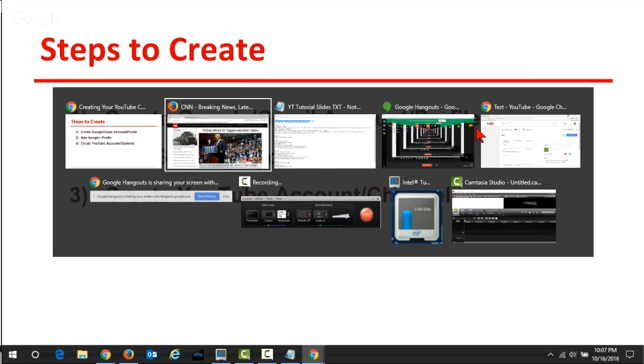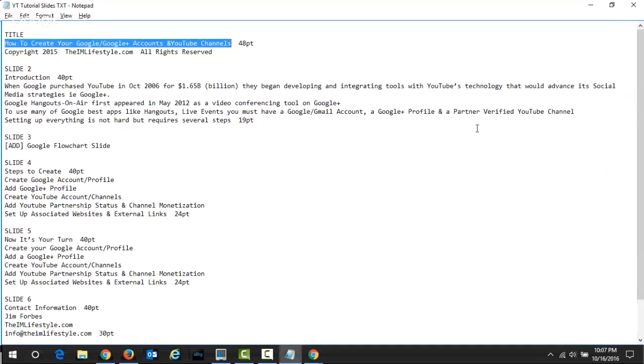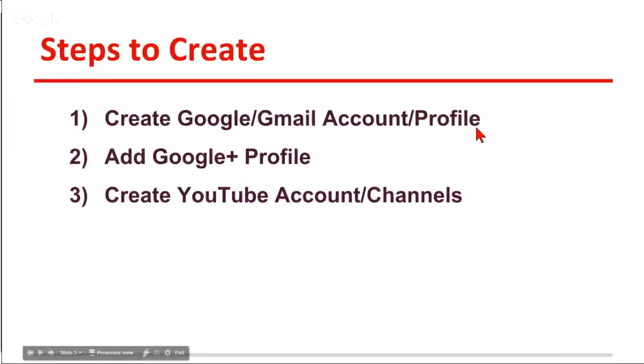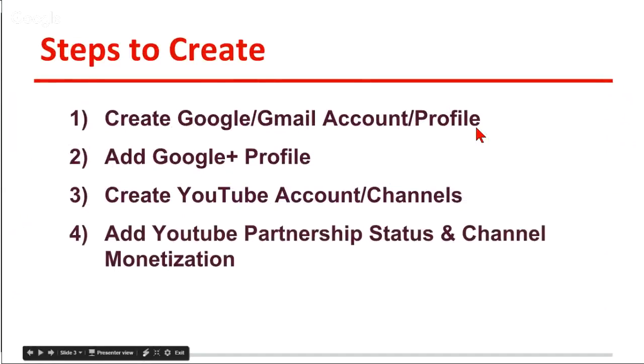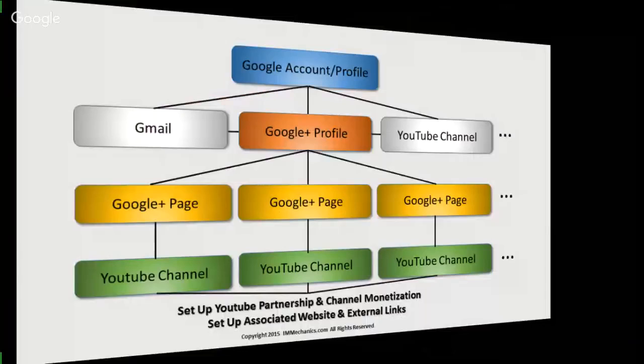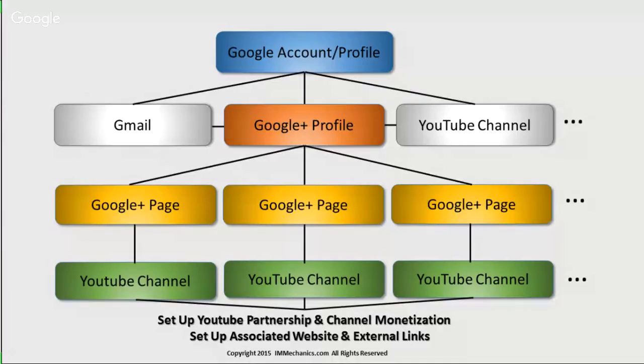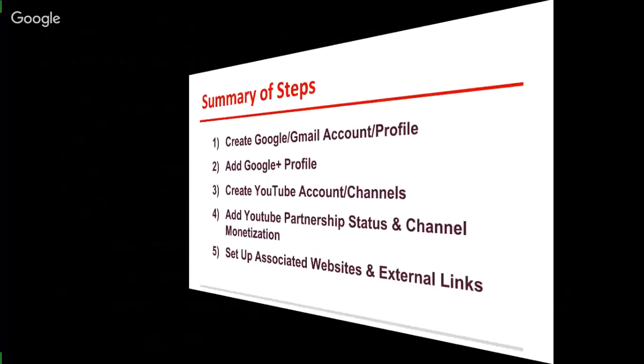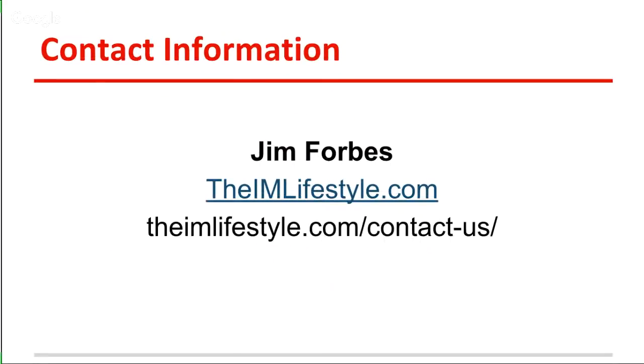I'm task switching between browsers and files, in this case a browser, and in this case a file, and I can go back and forth between them and come here and go to the next part of the slide and just hit the right arrow, go through it, just like that. I can talk about any of the slides I want to, go through the summary of steps, explain what I'm doing, and my contact information at the end of my presentation.